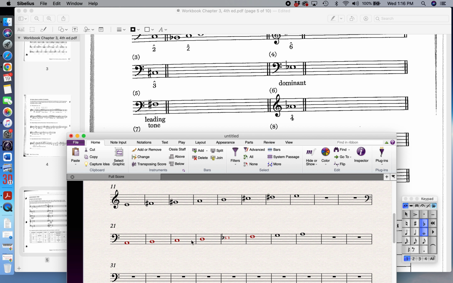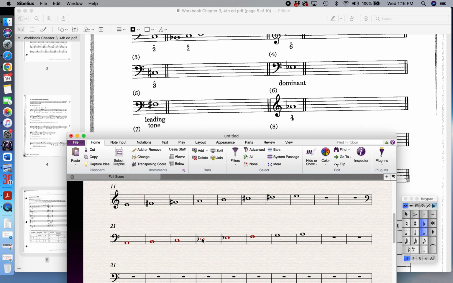All right, now I've got to follow my whole step, half step pattern. So I have whole step, half step, whole step. So I know from E flat down to this note, I need a whole step. Okay, so E flat, what's a whole step lower than E flat? It's going to be a D flat.